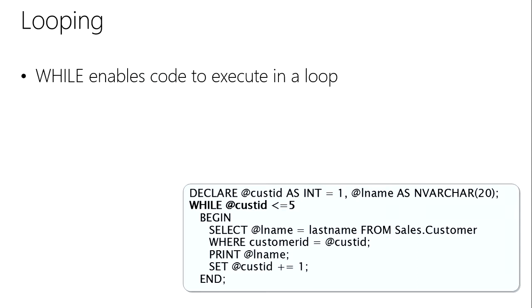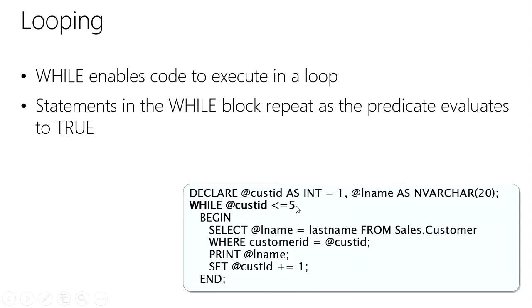So we're going to go through and add 1 each time, so then it will run it against 2, and then it will run it against 3, and then eventually it will get to a point and say, customer ID is not less than or equal to 5, so that condition won't evaluate to true, and it will then jump down to after the end.